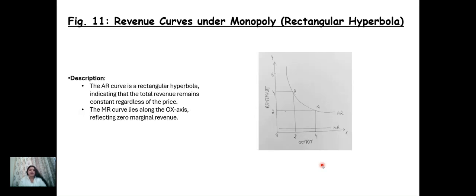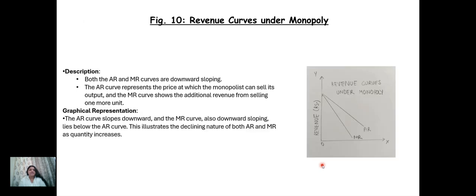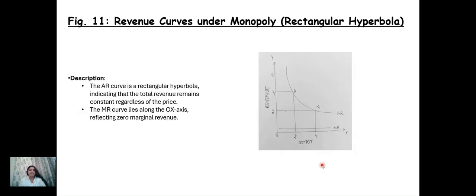This curve is a rectangular hyperbola. Here we take revenue curves under monopoly with the help of a rectangular hyperbola. You can see AR is declining, from points like 0, 2 and 4.